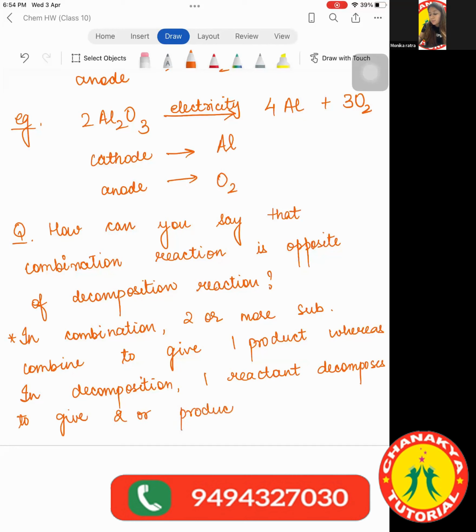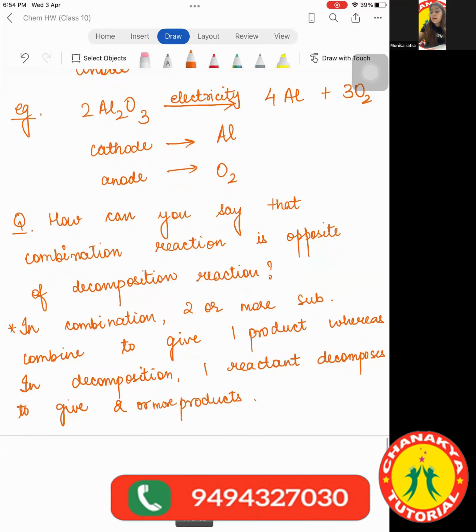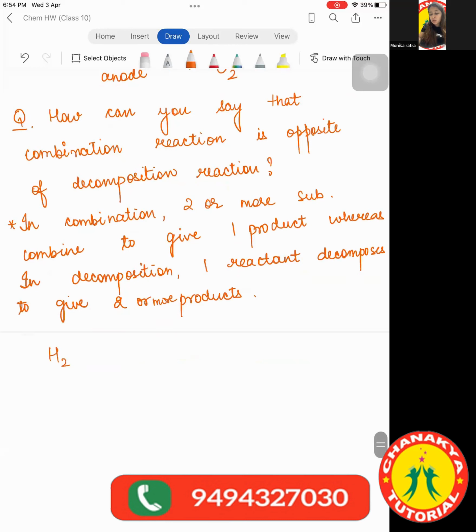And you can take the example of water. When hydrogen and oxygen combine, they give us water, whereas when electricity is passed through water, it leads to the formation of hydrogen and oxygen gas.